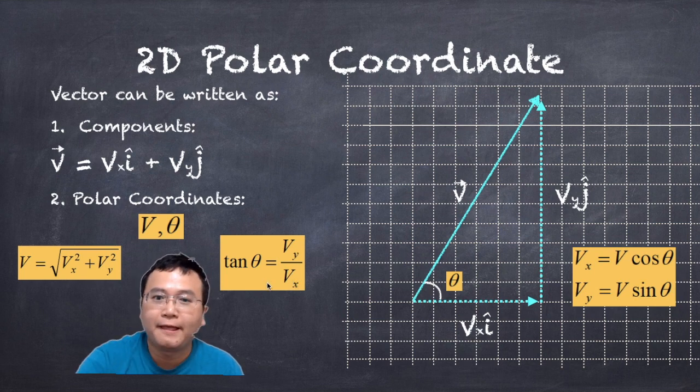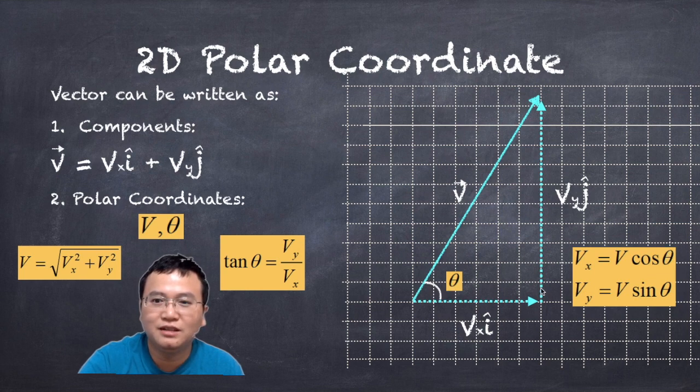The other thing is, let's say we're given this quantity, the magnitude, and we're given the angle. How do we find vx? We just say vx is v cos of the angle.